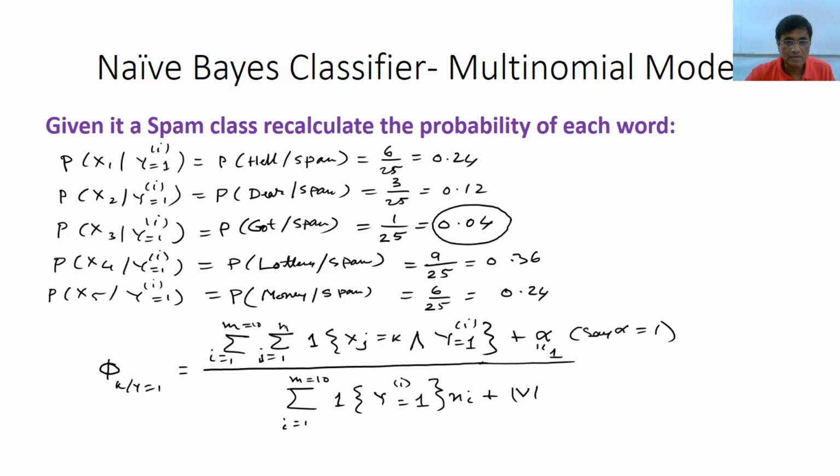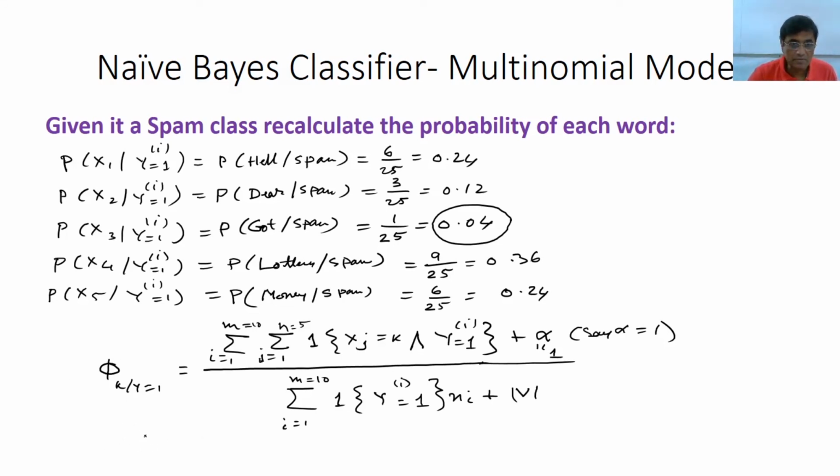We have 10 samples and n equal to 5. So whatever you got, that is the vocabulary. It may be 20,000, it may be 10,000. You will have to add that, and that's how we will calculate the probability.